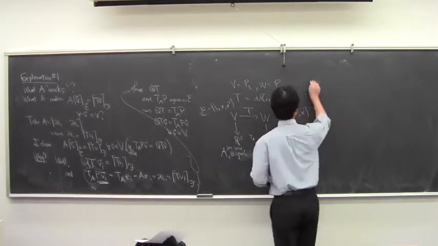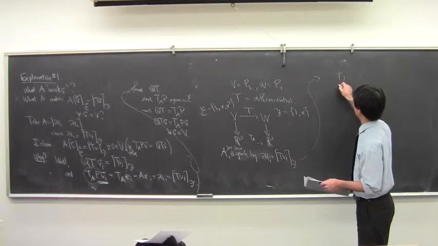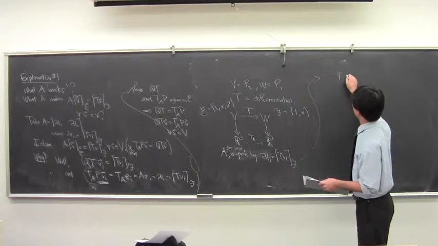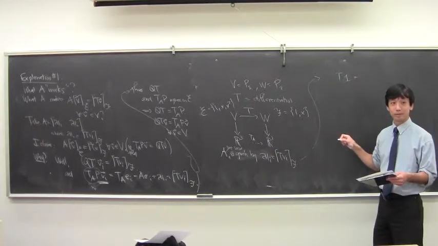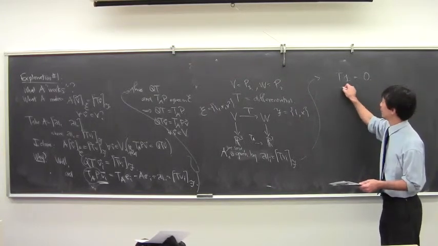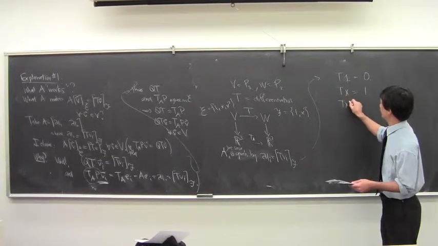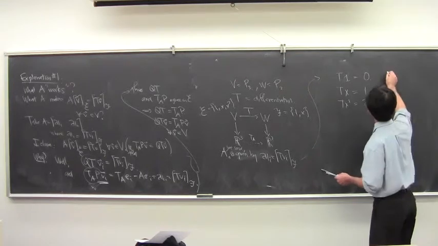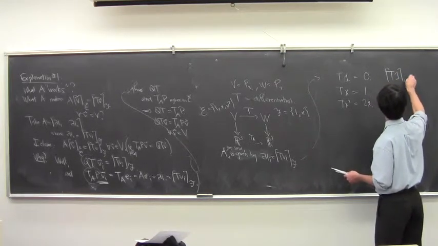Okay, so let's work those things out. You take T of the first guy and express it. So what's T of 1? What does T do to 1? 0. T of the second guy, x, is 1. T of the third guy is 2x, of course. So you take those and express them with respect to the F basis.